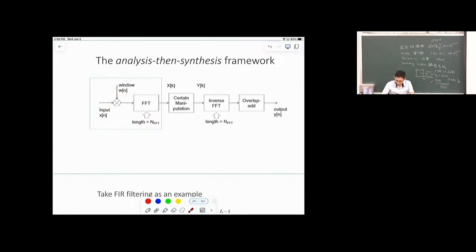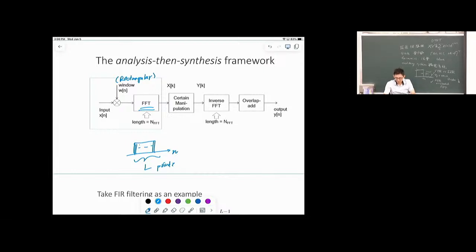Let's say using the rectangular window, to take a block of fixed length L every time. So now we have a block of L points in the time domain, and we process them individually. Every time we process one block by going to the frequency domain using FFT.